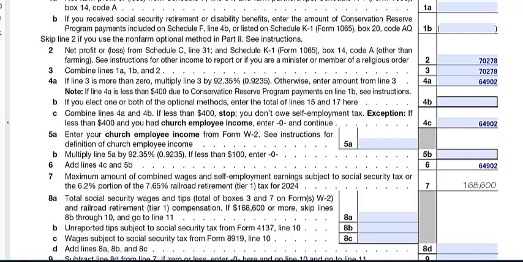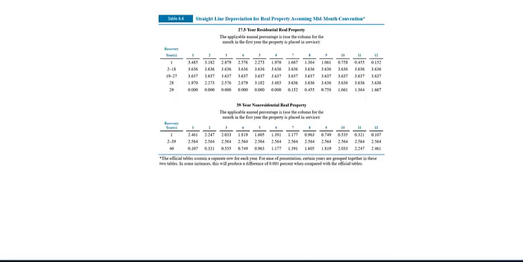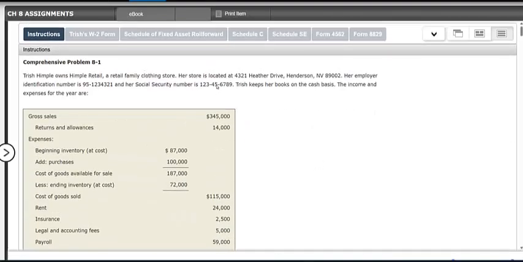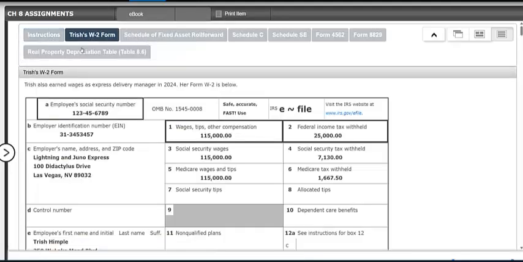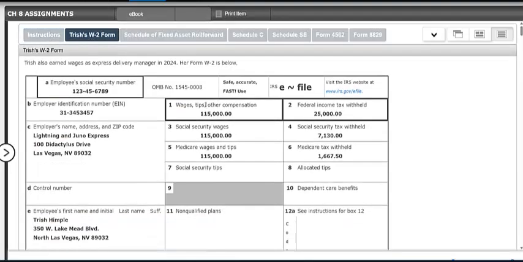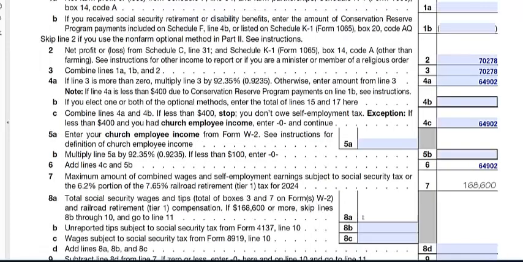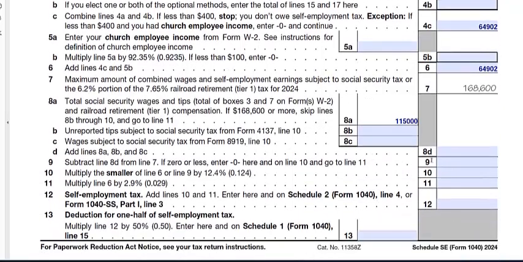So let's go back over and check out the W-2 that she had. Okay, so her wages, tips, and other compensation is $115,000. So on line 8A, we'll put $115,000. And then we'll bring that down to 8D because that's all of her earned income where she paid Social Security.